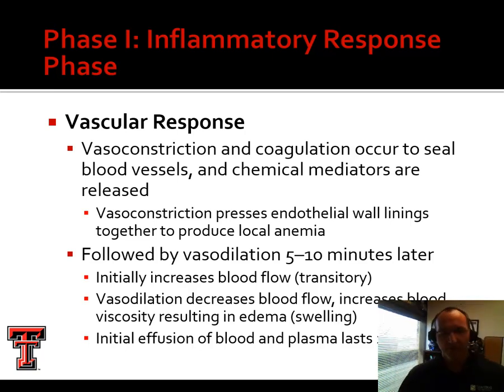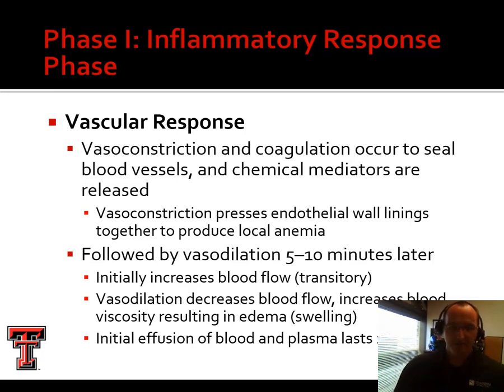Okay, so this vasoconstriction presses those endothelial wall linings together so that we end up, relatively speaking, with a local anemia. Okay, so this is immediately. Okay, and then 5 to 10 minutes later, we may get a vasodilation once the bleeding has stopped. And when I say bleeding, I don't mean external that needs a band-aid.